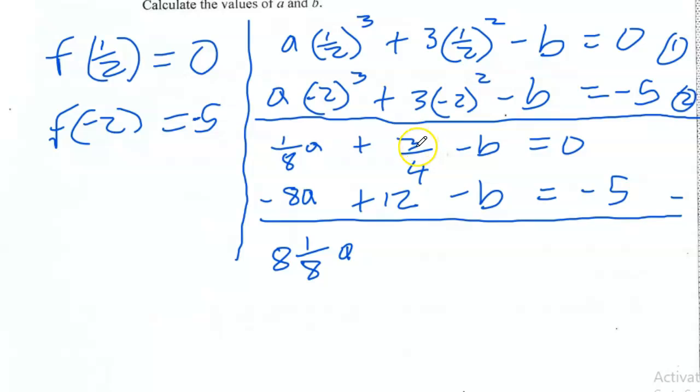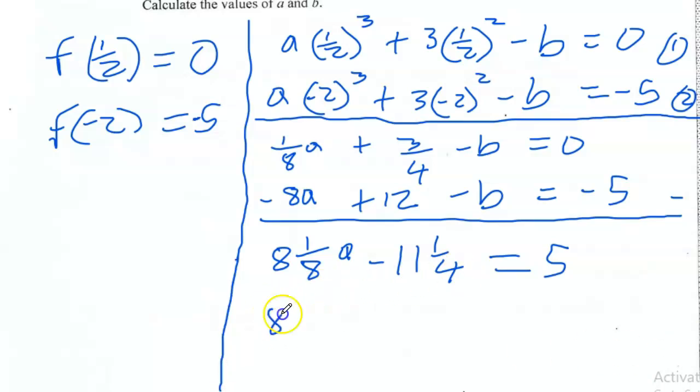Term above, take away term below, so it's 3/4 minus 12. That should give us negative 11 1/4. And then minus b: minus b becomes minus b plus b, you end up with 0. That's why we subtract in the first place. And over here, the right hand side, 0 minus minus 5, that's positive 5.